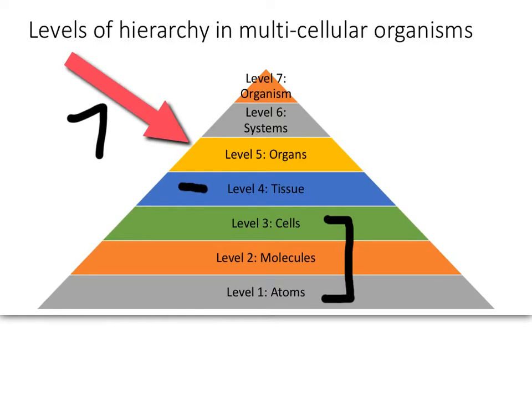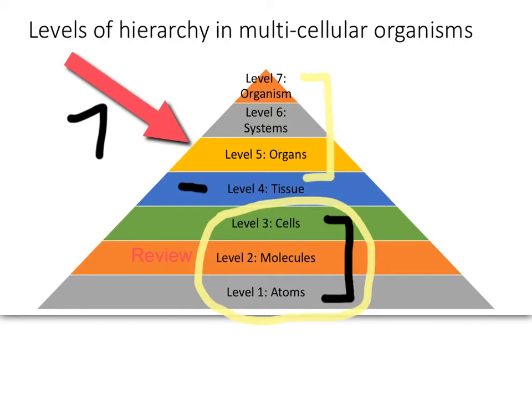So what we're going to do is quickly review the first basic levels, level 1, 2, and 3, and then we're going to talk more in depth about levels 4 to 7, because our lab next class is really going to be focusing on level 4, level 5, and level 6, because level 7, as we'll see, is the organism in total.